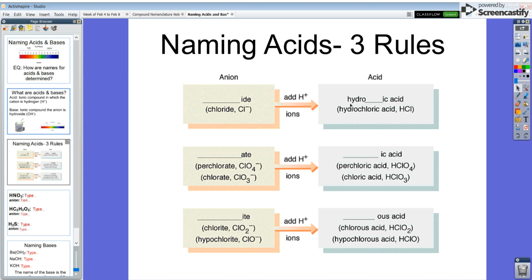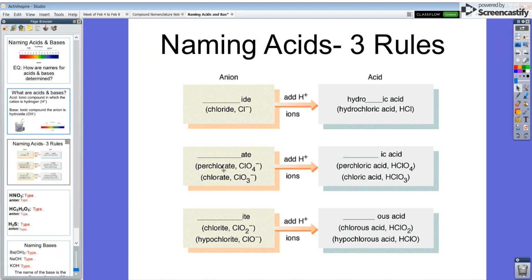We put the prefix hydro, then you add the base of the anion name, and then you add the suffix ic acid. So an acid that has anion chloride becomes hydrochloric acid. So that's monatomic.